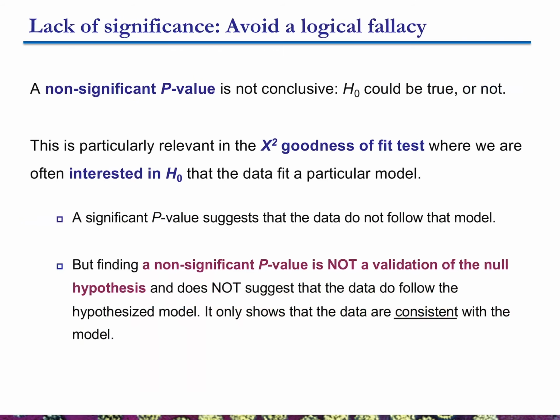Okay, as the last part of this chapter, let's talk about how to interpret a non-significant p-value. I've said in the past when we've been talking about z-scores and t-tests that when you get a non-significant p-value and you have to accept your null hypothesis, we're not saying that the null hypothesis is true.